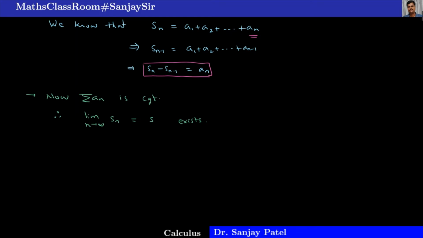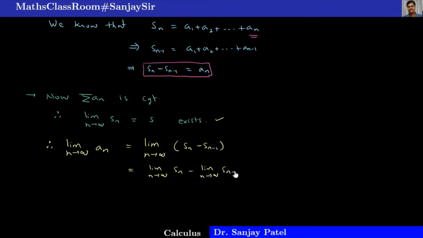So therefore I can write limit n tends to infinity of an. Now I want to find the limit of an, but an I can replace by that expression Sn minus Sn minus 1. Now since the limit of Sn exists, we can write this as limit n tends to infinity of Sn minus limit n tends to infinity of Sn minus 1.